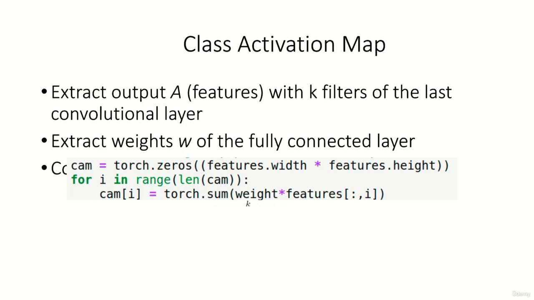Therefore, this multiplication consists of 24 elements, of which we take the sum subsequently. This result is then stored at the ith index of the class activation map array. You will also learn how to implement this methodology in the programming lecture of this section.